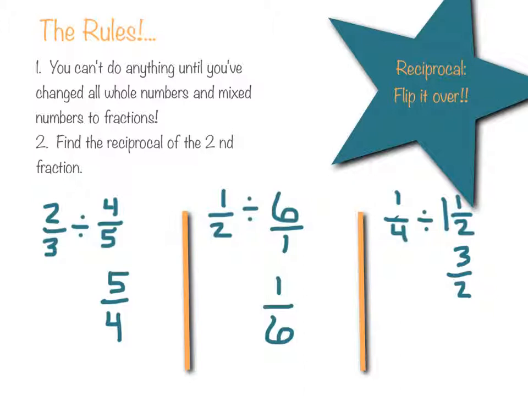Now we can flip it over and it becomes 2/3. That is the reciprocal. Don't get messed up thinking that just because you rewrite it in a different way, that is the reciprocal. You have to actually see it physically flip over before you can say that you've written the reciprocal.